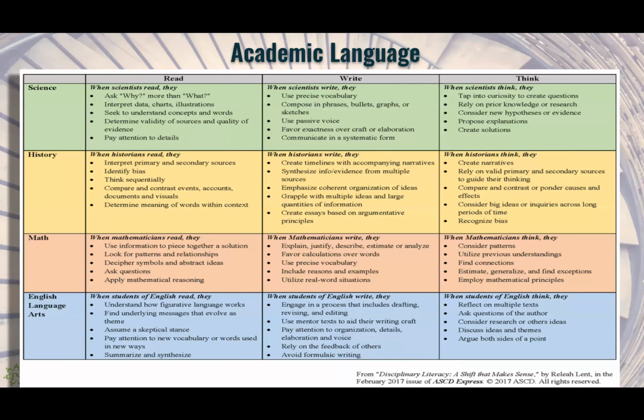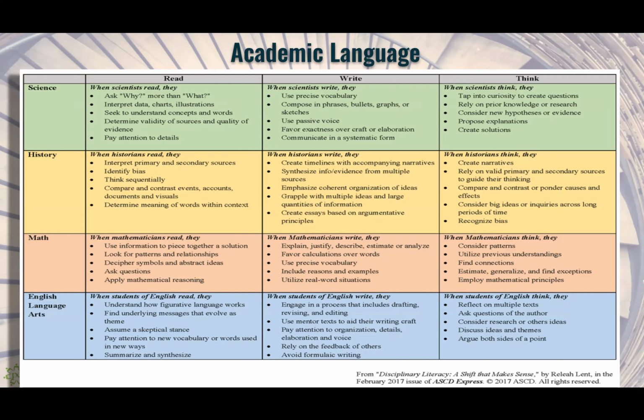And thinking about that academic language, we want our students to have lots of exposure to the different ideas of academic language, and for it to be made visible for them, so that the discourse piece in science, history, math, and English language arts is going to be different.